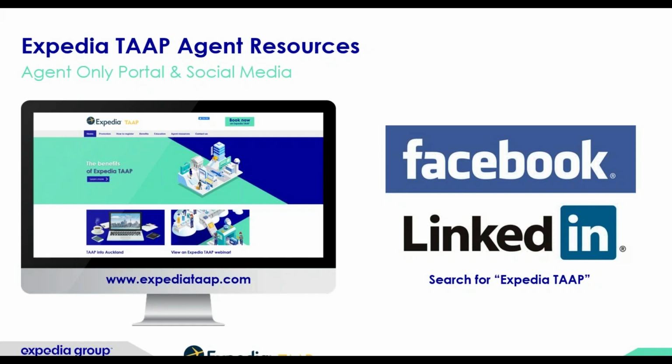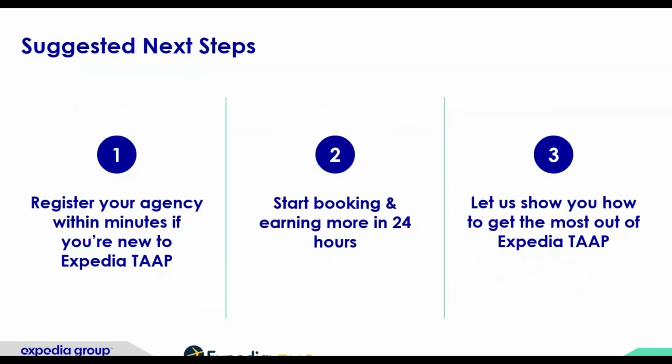You can even explore some destinations we've done webinars with. ExpediaTAAP.com will also give you the latest flex policies regarding COVID-19. Don't forget to follow us on Facebook and LinkedIn to get not only the latest policies regarding COVID-19, but also the latest in travel trends as well.